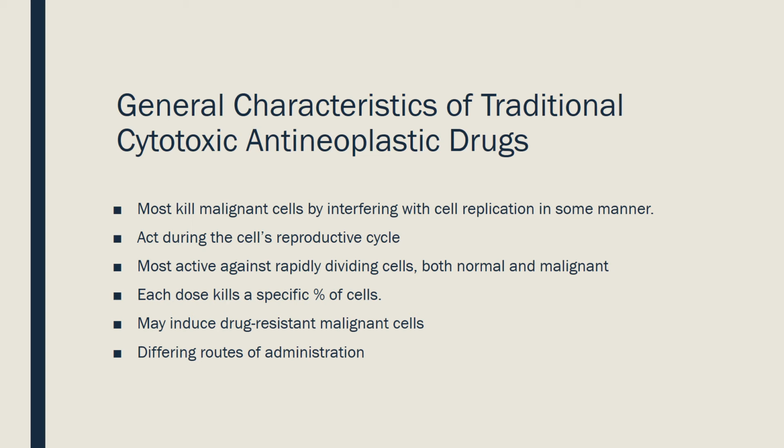Those are the ones like the cells of your hair growth, cells of the GI tract or the oral mucosa. Those are rapidly dividing cells, and so that's why a lot of times you see folks lose their hair and tend to have nausea and vomiting as one of the side effects of chemo.